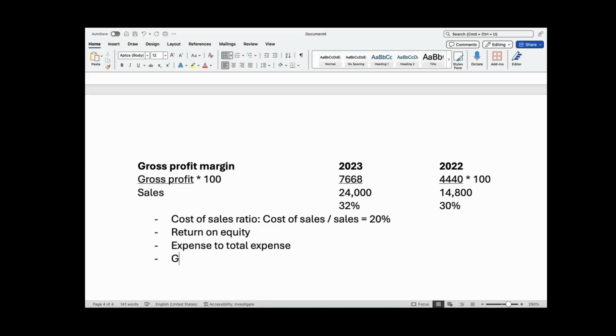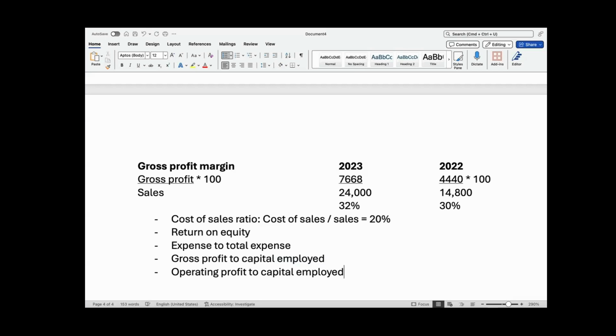I've seen a ratio the examiner called gross profit to capital employed, which is the amount of gross profit made on capital invested. And you can do operating profit, which is PBIT, to capital employed. So there are quite a number of them.